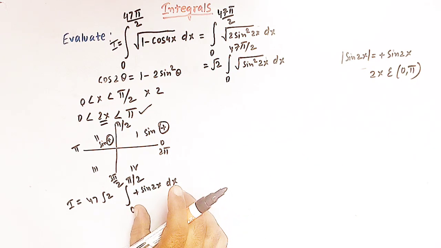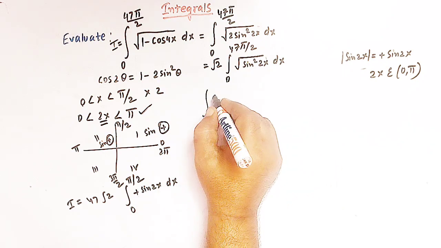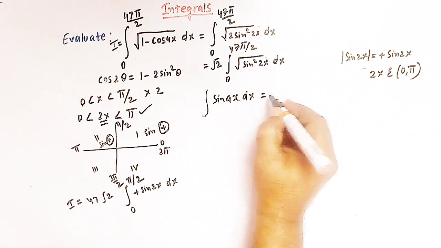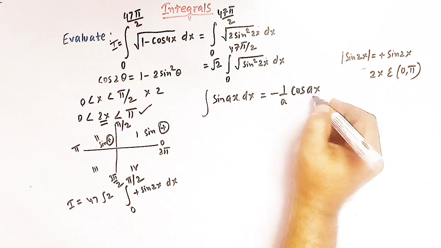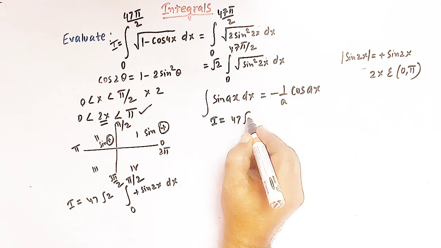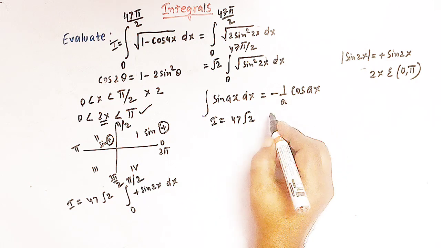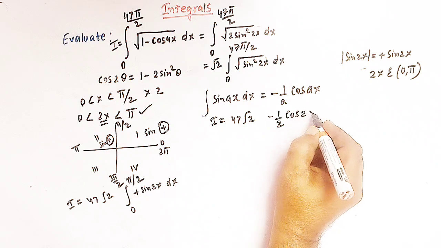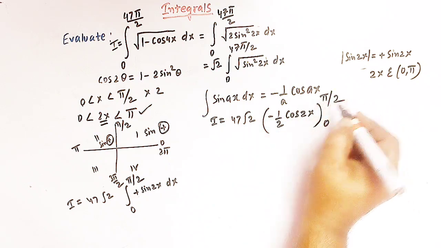So now we have an easy integral here, and we know that the integral of sine ax dx is given by minus 1 over a cos of ax. So I is equal to 47 root 2, and the integral of sine 2x is given by minus 1 over 2 cos of 2x, with limits of integration from 0 to pi by 2.